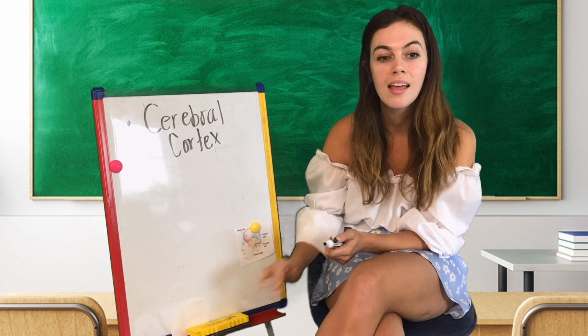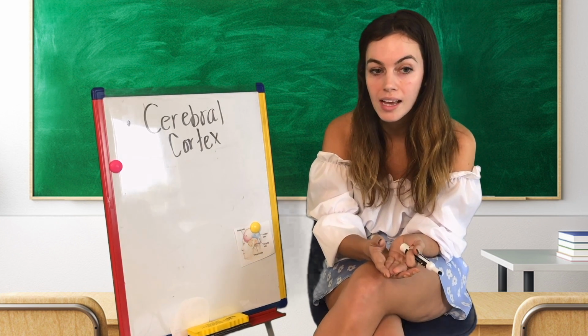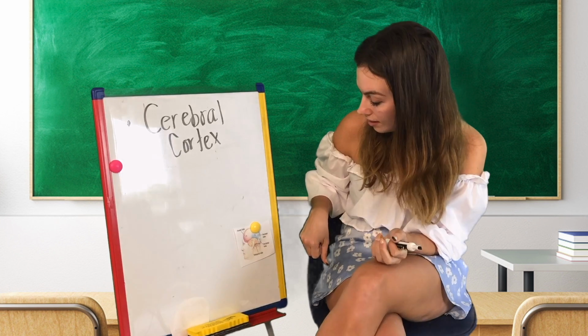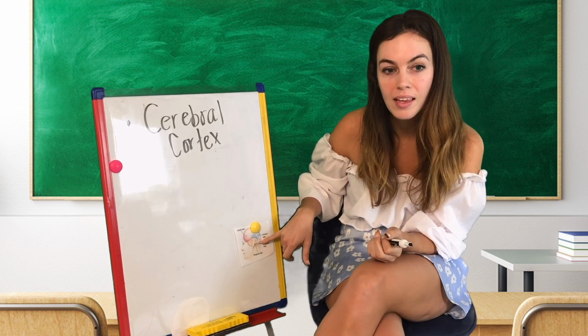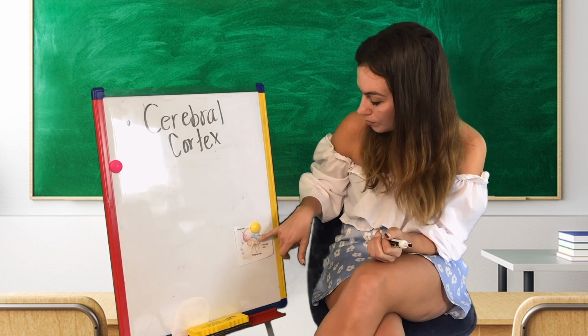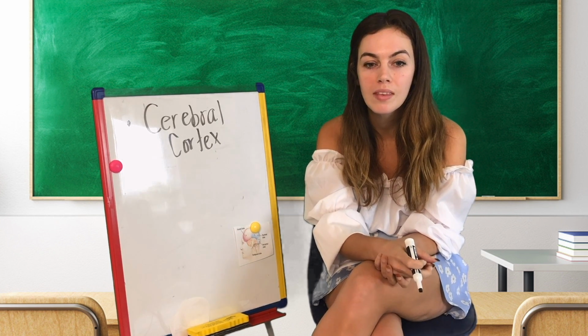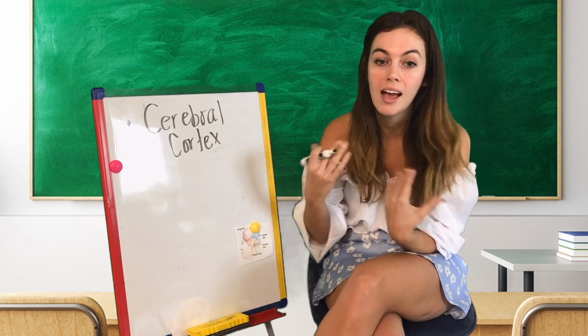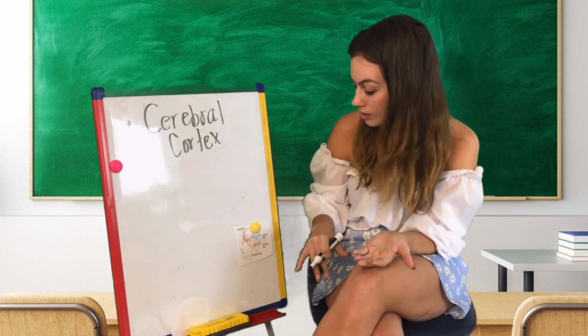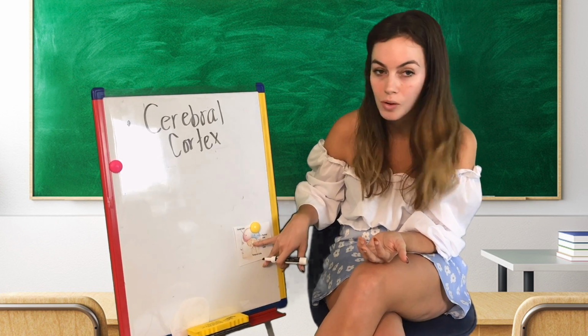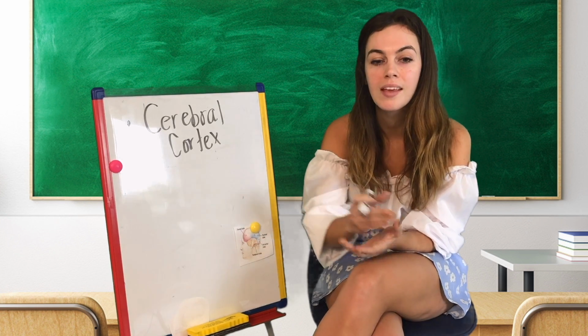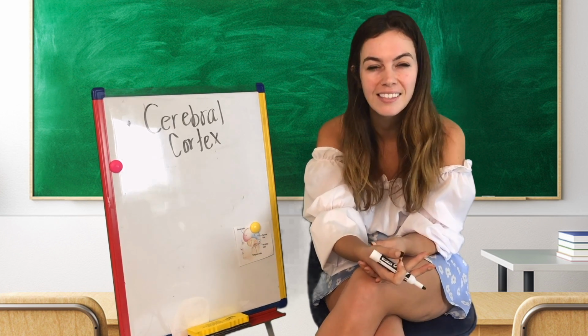Okay. And then the visual cortex is located in the occipital lobe here. So that's the visual cortex. And after that, we have the auditory cortex, which is located at the temporal lobe. Okay, so it can help with hearing, things like that.